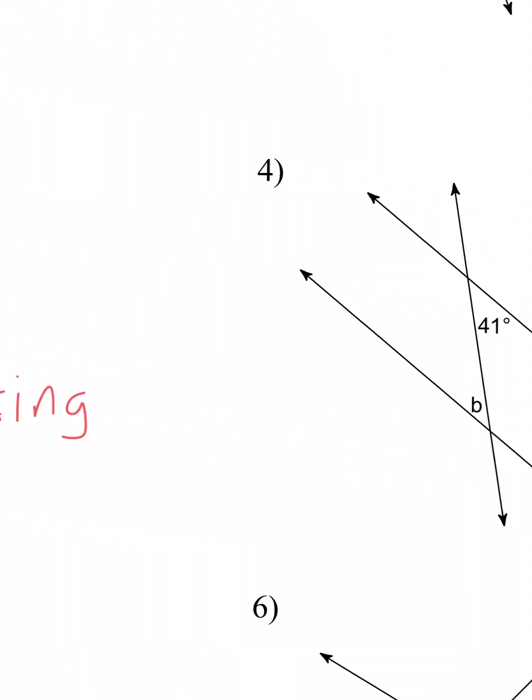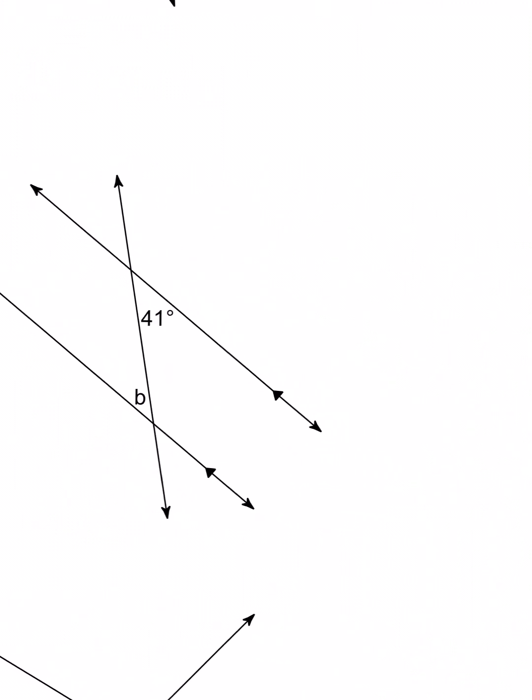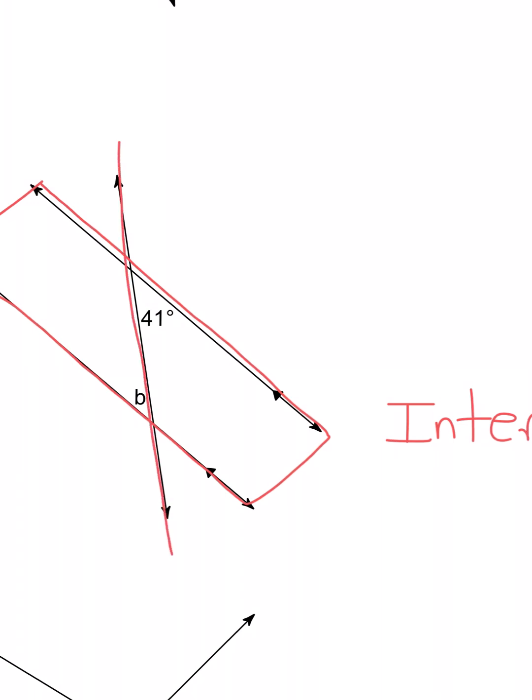All right. Number 4, I have 2 parallel lines and a transversal. What should I draw to help me? The box. Inside or outside or both? Inside. What's the word for inside? Interior. Now I need to figure out, are they on the same side or opposite side?